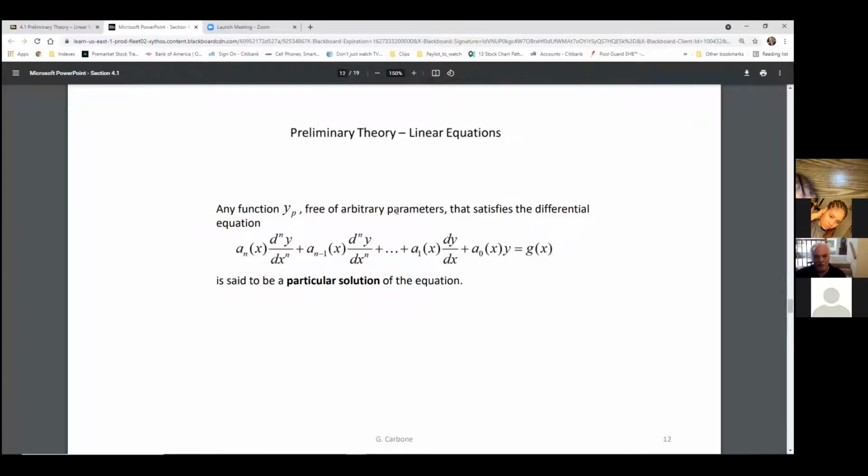That's why we write the y of p. It's a function that when I plug it into this differential equation, I get both sides equal, and it'll be free of parameters.